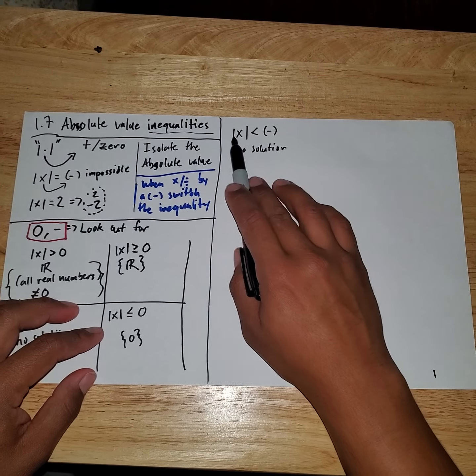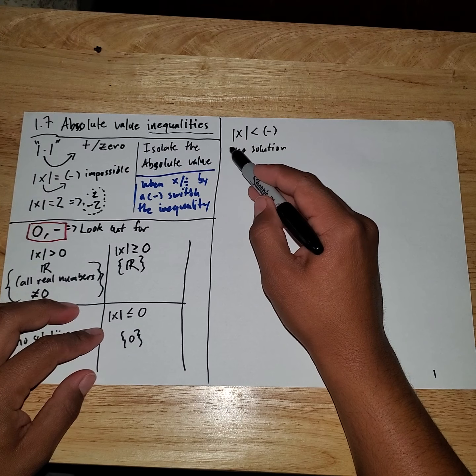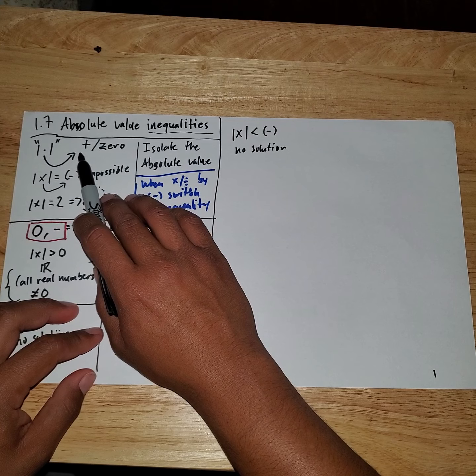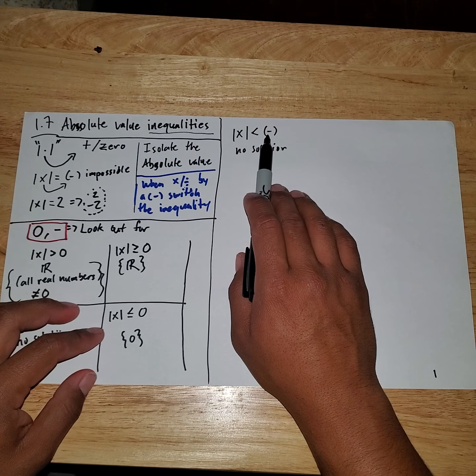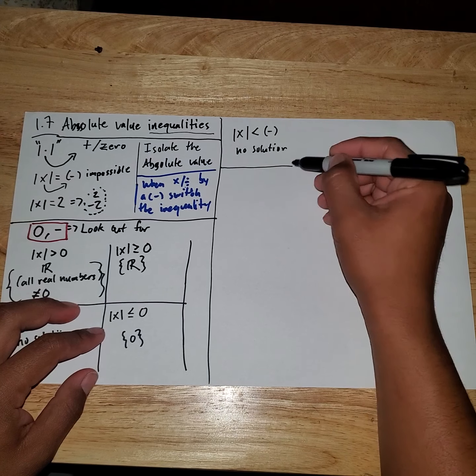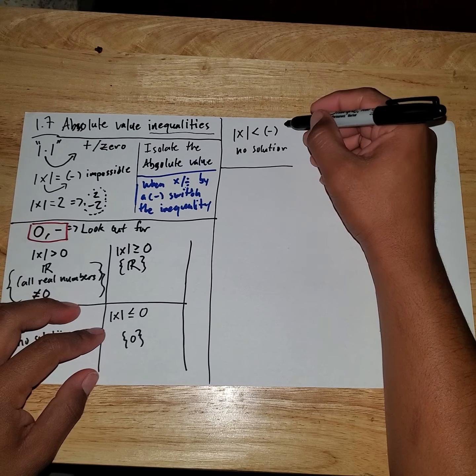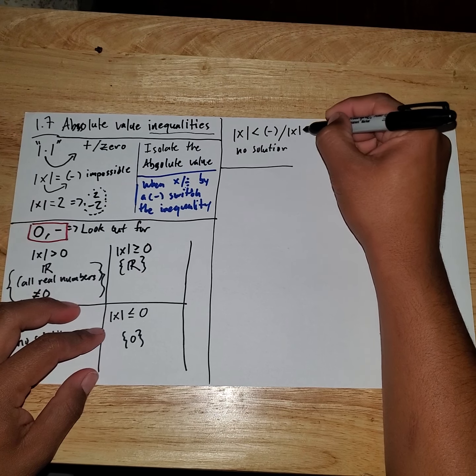Because positive numbers are bigger. Remember, this has a smaller side. This has to be the bigger side. And this is always going to come out as positive or 0, and 0 is also bigger than negative numbers. So there's no solution here. Also for this one, I'll just group them together.